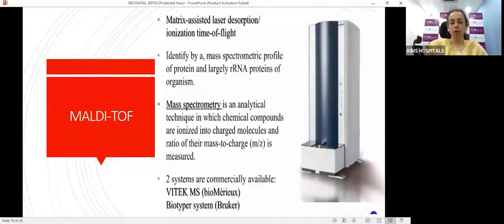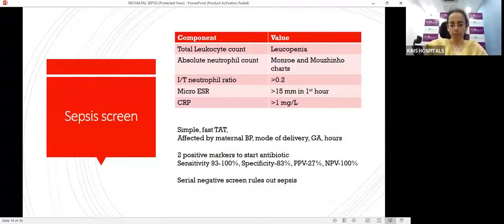So now let us move on to our routine sepsis screen. The sepsis screen is relatively easier to perform and it is available in every NICU setup, and the turnaround time is relatively fast. But the drawback of this sepsis screen is that various parameters are affected by maternal and perinatal conditions, such as maternal hypertension and mode of delivery.